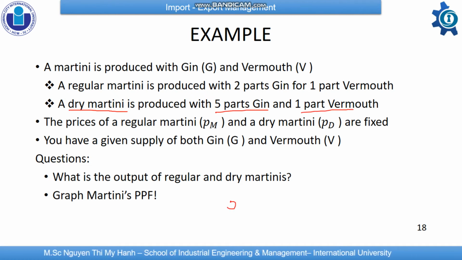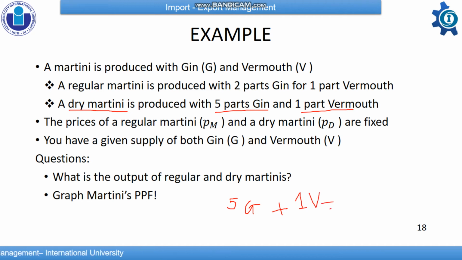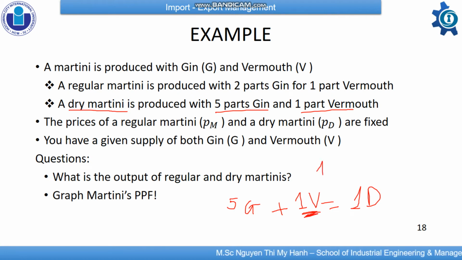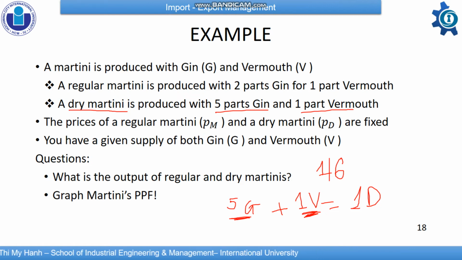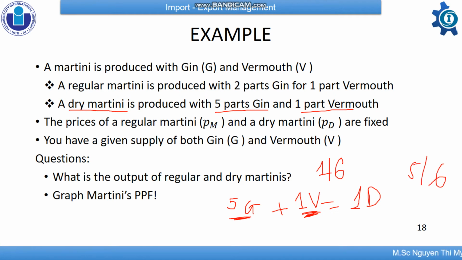So 5 gin with 1 vermouth will equal 1 dry. That's why for vermouth we need 1/6 of the labor, and gin will take 5/6 to make a dry martini.